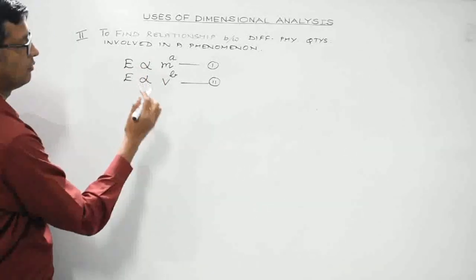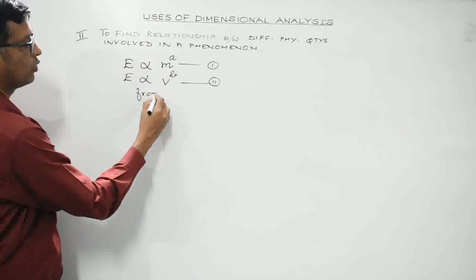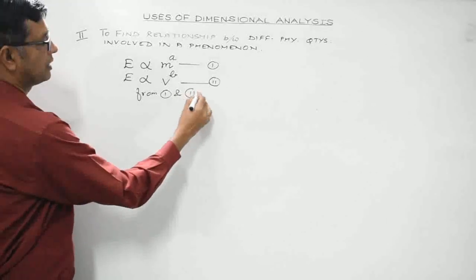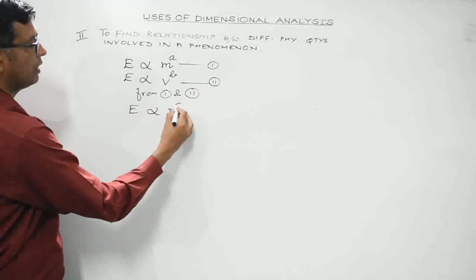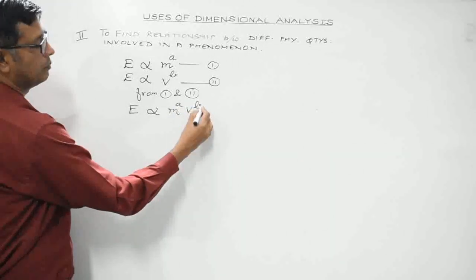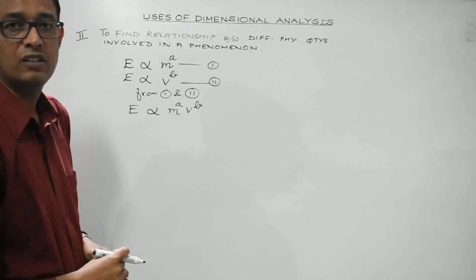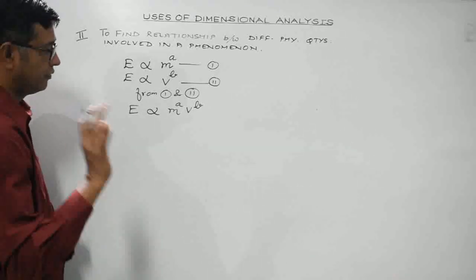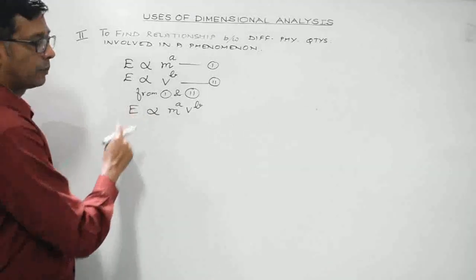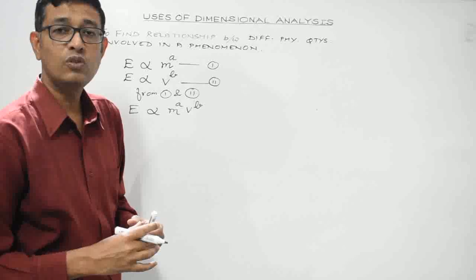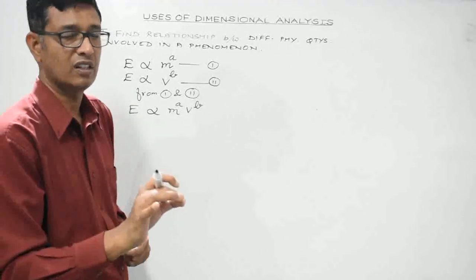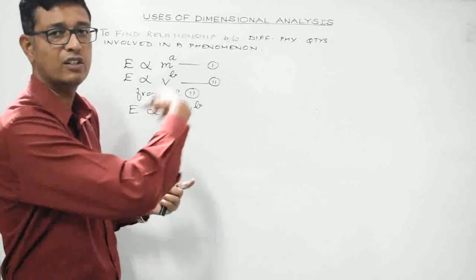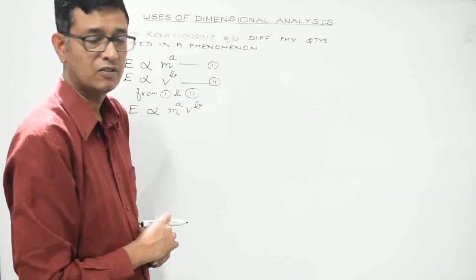Now what to do is, combining 1 and 2, what we get is E is proportional to m to the power a, v to the power b, right? Also you are aware, in order to eliminate this proportion sign, you need to introduce some constant of proportionality. It must be a dimensionless constant. Either you can introduce it now or you can introduce it in the later part, right?